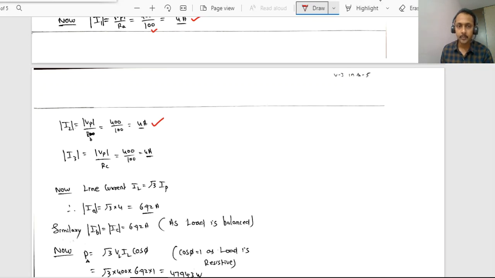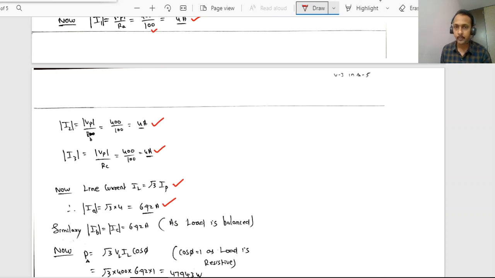Similarly for I3, V phase divided by RC, 400 divided by 100, 4 amps. Now what is the line current? Root 3 times phase current. Phase current is 4 amps. Therefore the magnitude of the line current Ia will be root 3 into 4, 6.92 amps.